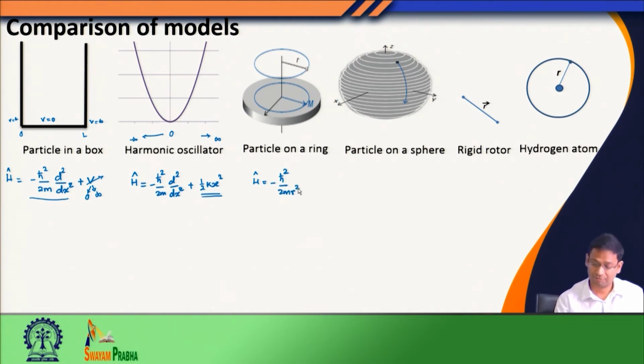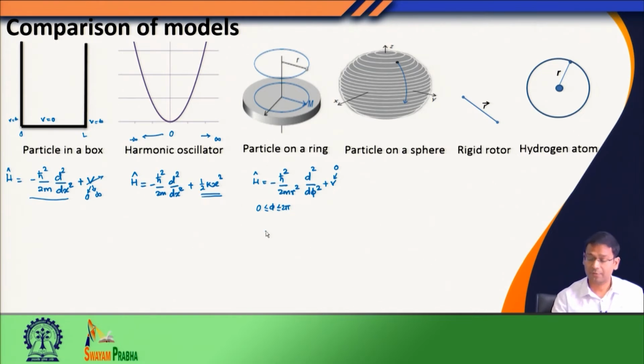So, the Hamiltonian became h bar square divided by 2 m r square, d square by d phi square, where phi goes from 0 to 2 pi. Now, this is the Hamiltonian. Of course, we said that there is no potential energy that the particle experiences when it goes around the ring.